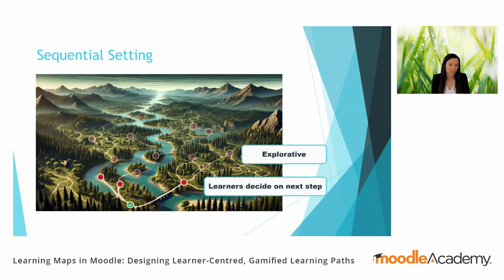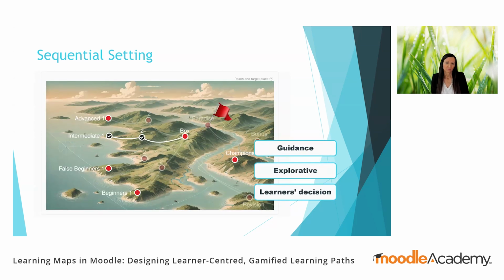Now, a different situation could be that they can still decide, but you give them more guidance because you have words, actually the activity names, displayed in your learning map. If you wanted that, there are good reasons to do that.